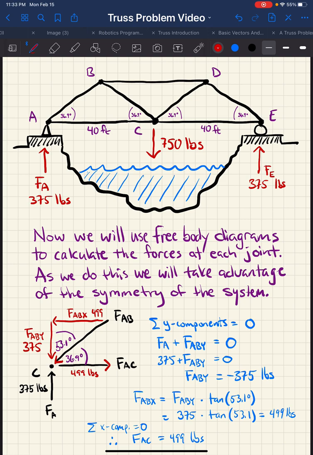So we have now solved FAB and FAC. We have FABX and FABY, and we can use the Pythagorean theorem to get FAB, which will be 624 pounds.